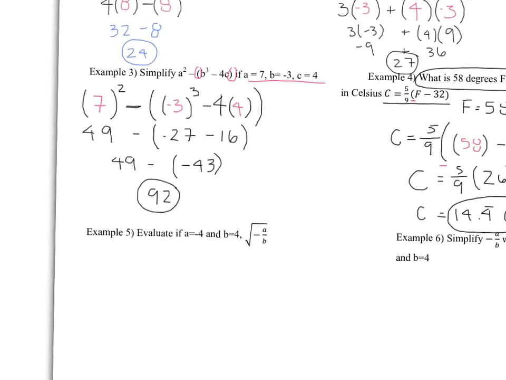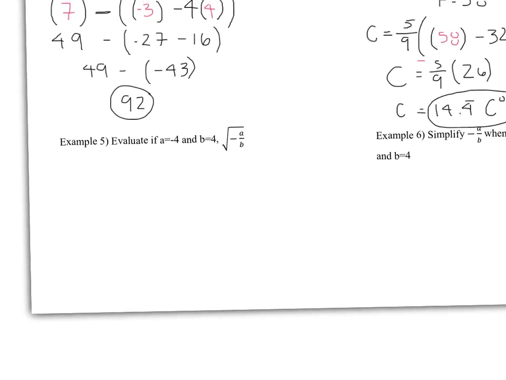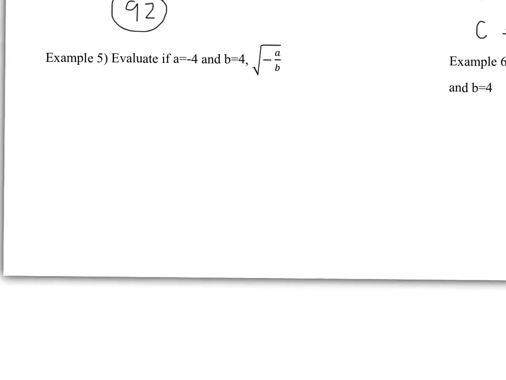All right, two last examples. Let's look at example number 5. So we have, if A equals negative 4 and B equals 4, go ahead and solve this one. All right, again, if it's there to begin with, we are going to rewrite it. So I see a square root symbol. I'm going to rewrite that. I see a negative, or a minus, right here.